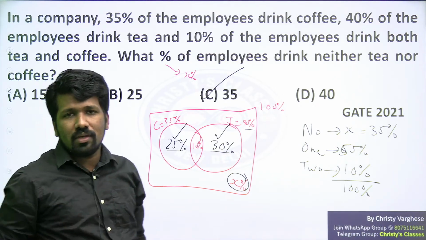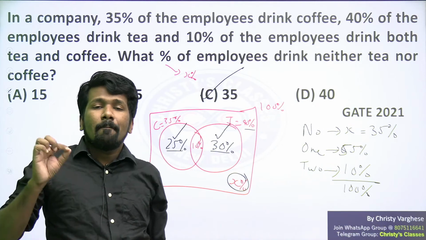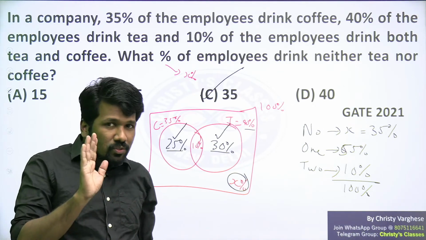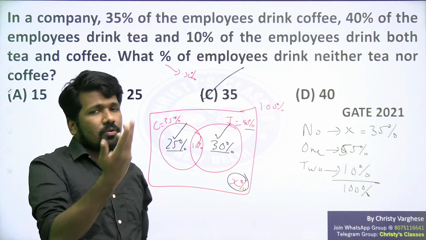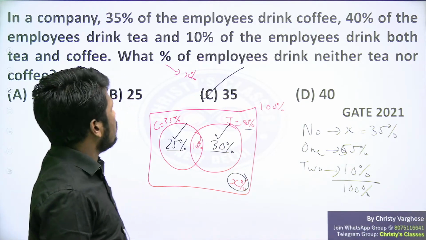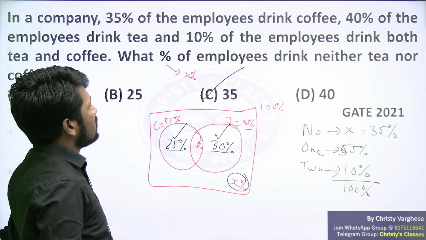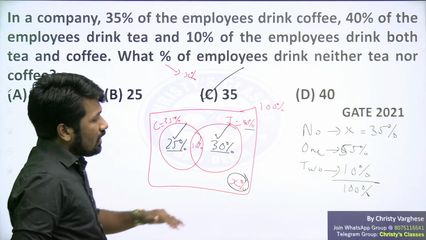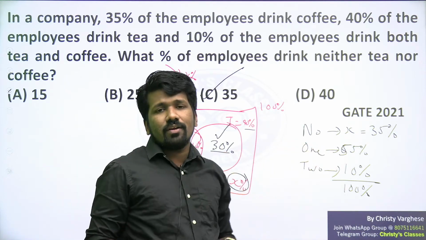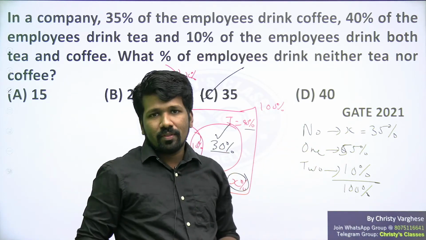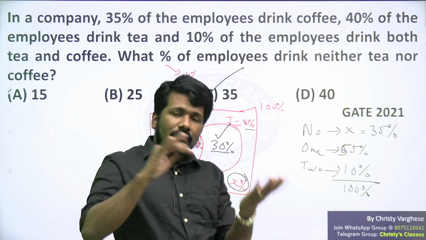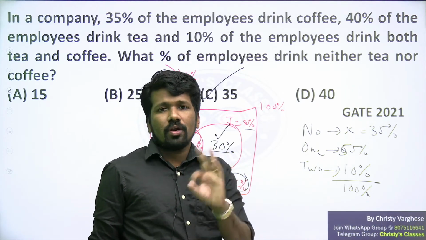N of A union B is equal to N of A plus N of B minus N of A intersection B. Once you understood the logic of union formula, using that also is not a problem. So definitely 75% minus 10% is 65%. What is that 65%? That is at least one drink drinking people. At least one drink drinking people is 65%, means remaining 35% will be no drink drinking people.